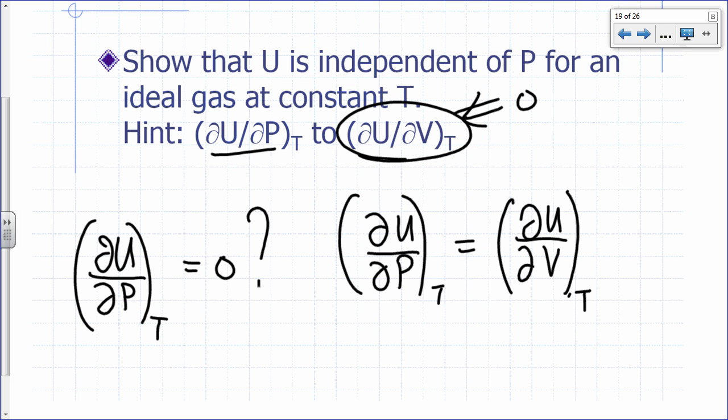Chain rule. Partial of U with respect to V at constant T times partial of V with respect to P at constant T. And what's partial of V with respect to pressure at constant temperature?